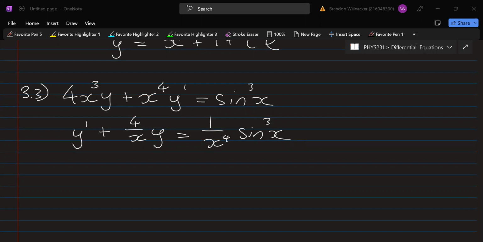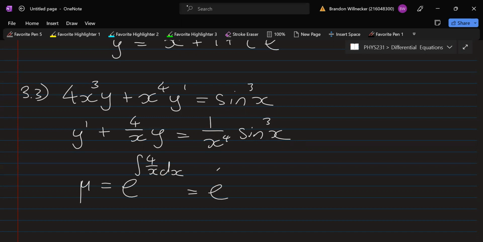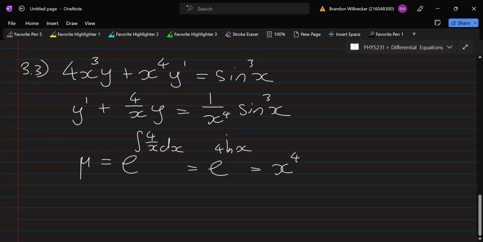Now we can find our integrating factor, mu, so that's going to be equal to e to the integral 4 over x dx. So that's e to the 4 natural log of x, or just x to the 4. Okay, so we can rewrite the equation as y times x to the 4 prime is equal to x to the 4 over x to the 4.